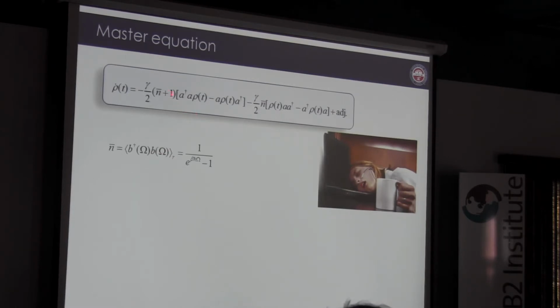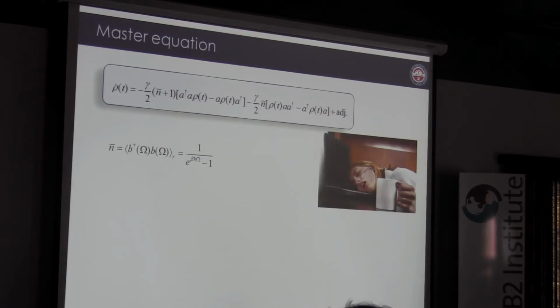Right? And this has a probability which is proportional to n plus 1. On the other hand, what I can do here is I can add. So A dagger acting to the right, A acting to the left. They're both creation operators when I act in those directions.